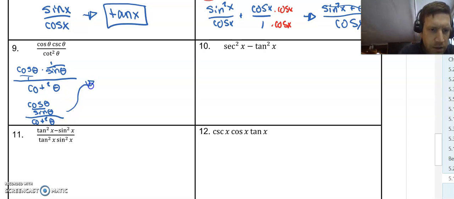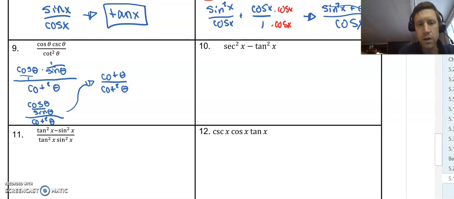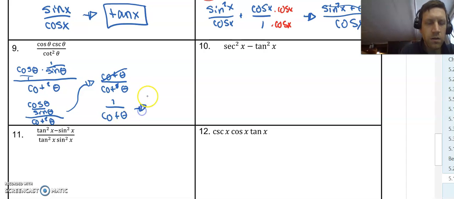So let's see, cosine over sine, that's cotangent over cotangent squared. Okay, so I have cotangent over cotangent times cotangent. So I think the cotangent and one of them from the bottom are going to offset, right? And that's really equal to tangent.